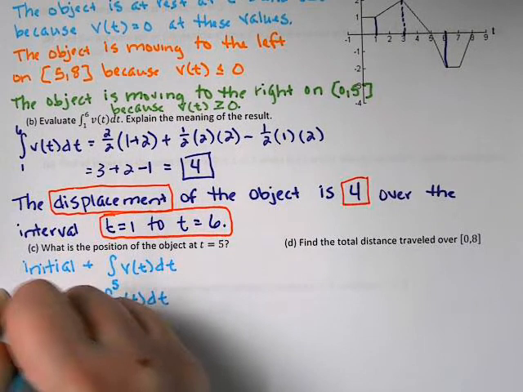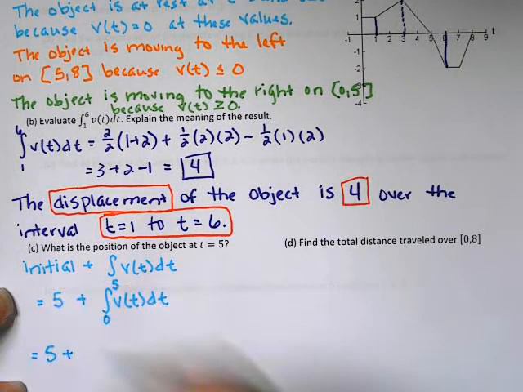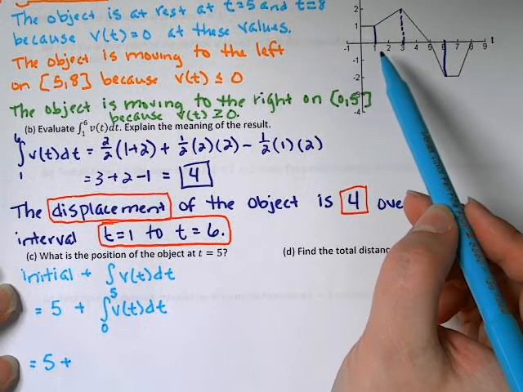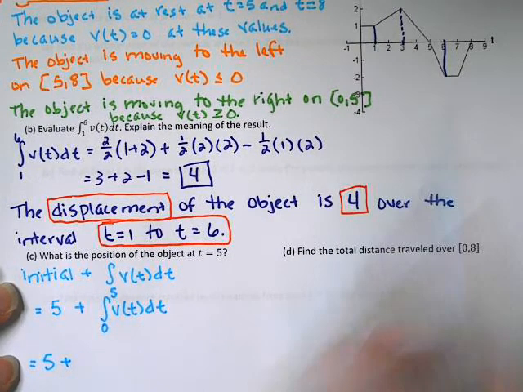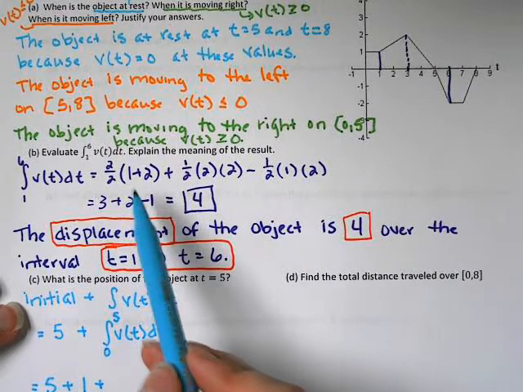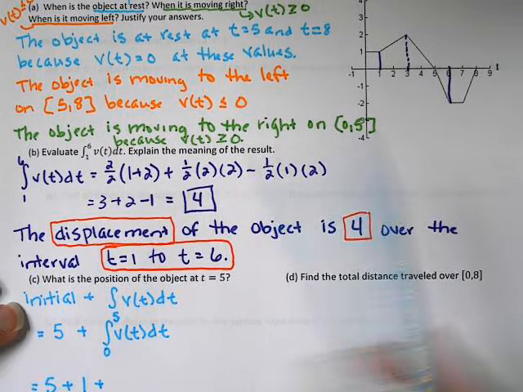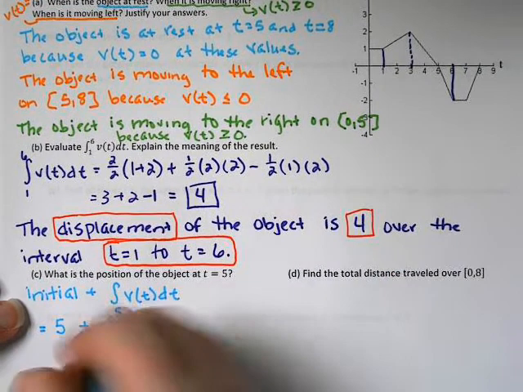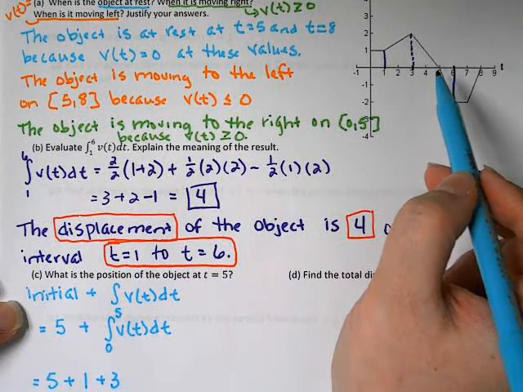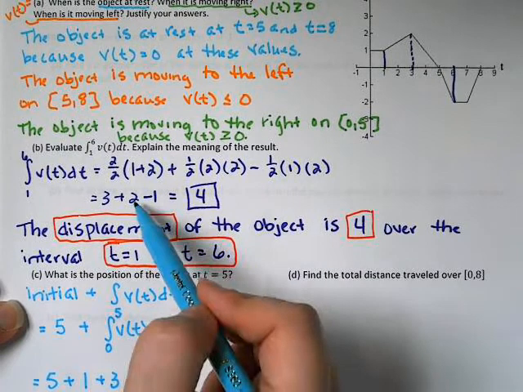We're going to have 5 plus the integral from 0 to 1, which is just this square, which is 1. And then plus, we know that this 3 was the integral from 1 to 3, and the integral from 3 to 5 was this 2 that we had there.